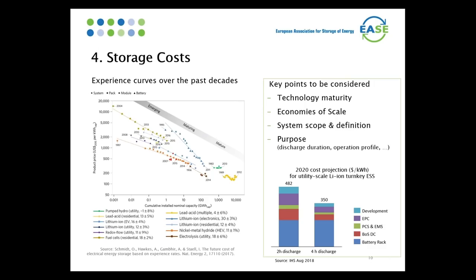They are, in this projection, which I've taken from IHS for 2020, slightly above $200 per kilowatt hour. But depending then on the discharge duration, you have to add on top of this balance of system components, AC components, engineering, procurement and construction and developments that go up to close to $500 for the 2-hour or close to $350 per kilowatt hour for the 4-hour system.